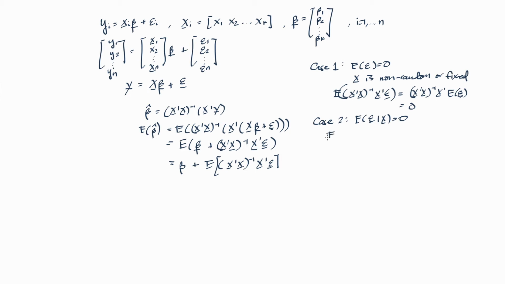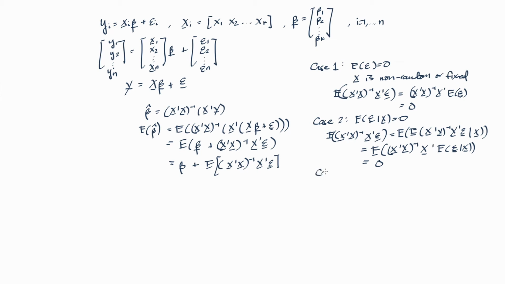And the expression (X prime X) inverse X prime epsilon can be written down using the iterated expectations, which is the expected value of the expected value of (X prime X) inverse X prime epsilon given X. And in the inner layer of expectations, we can factor out (X prime X) inverse X prime times the expected value of epsilon given X. And since we have assumed that the expected value of epsilon given X is equal to 0, then this expectation is 0.